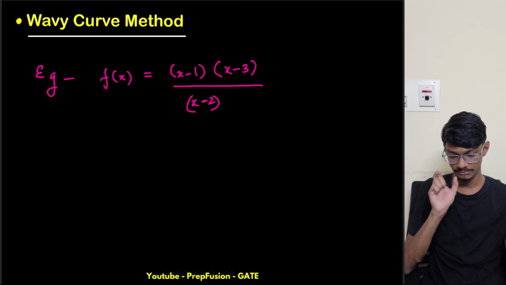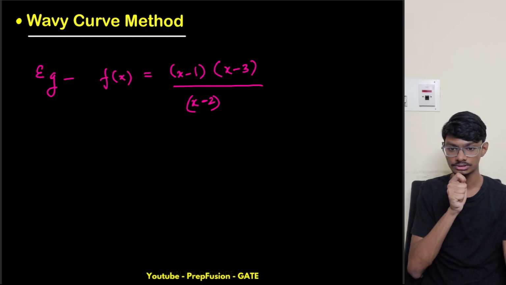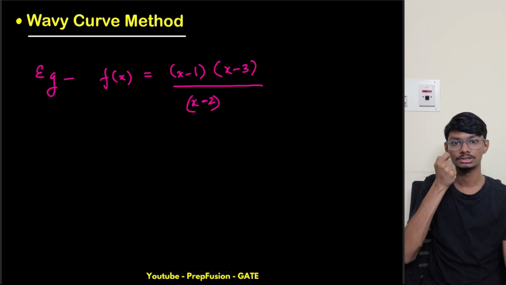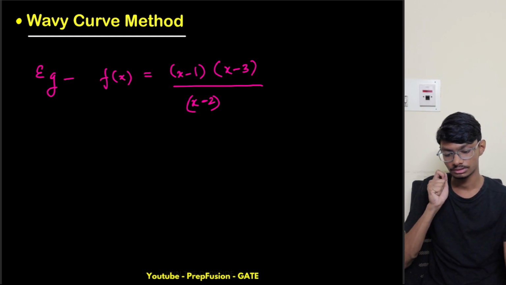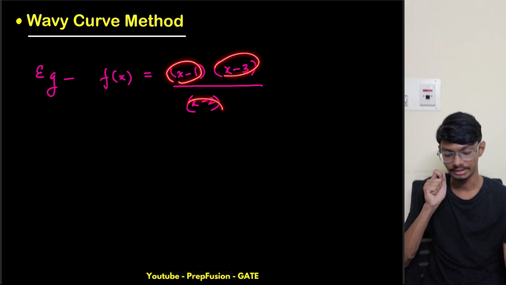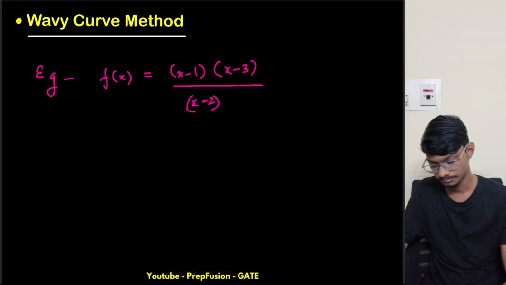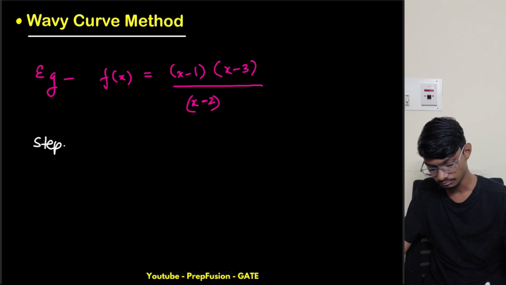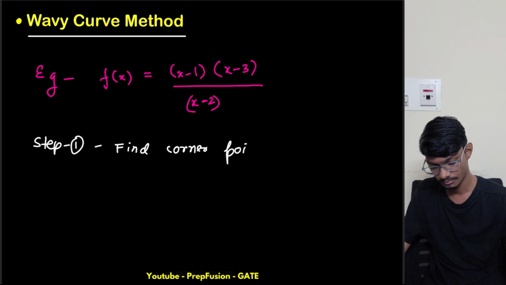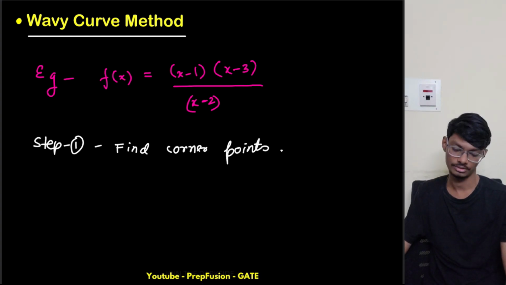What we can do is find the corner points. What are the corner points? Corner points are the points where these bracket terms become 0. So step 1: find corner points.